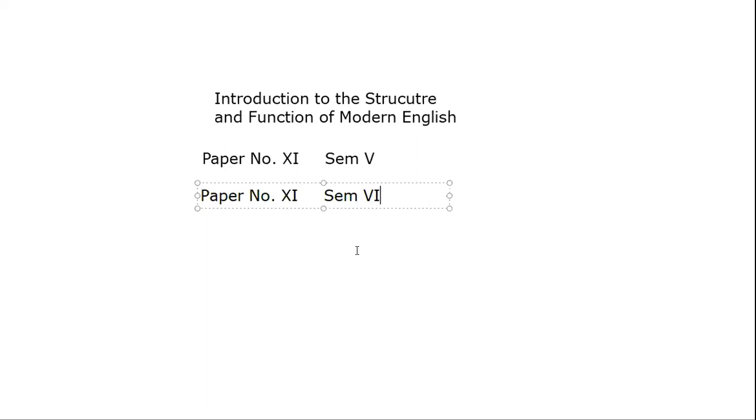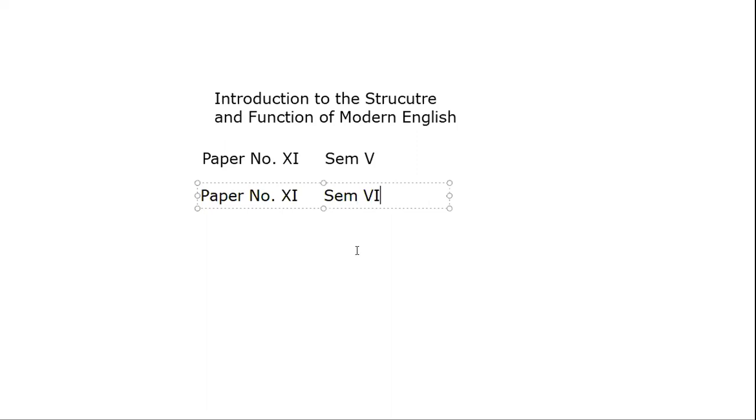So what is modern English? Modern English is the English language that we are using nowadays. So what is the structure of that language that we are going to study?